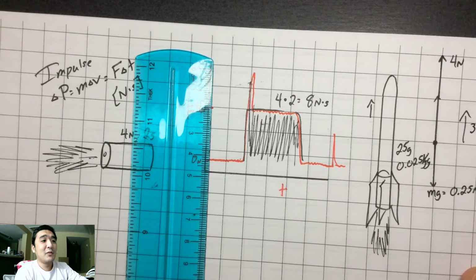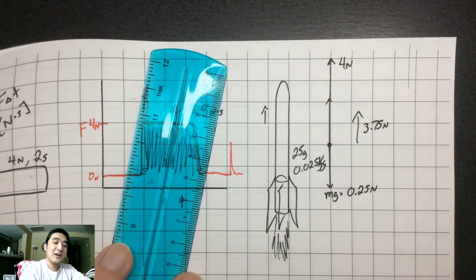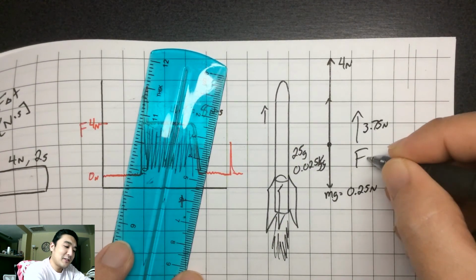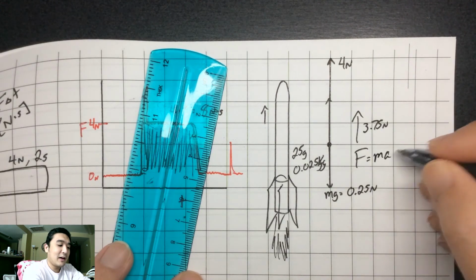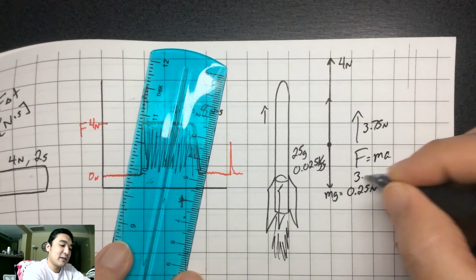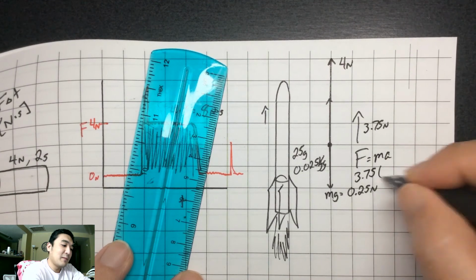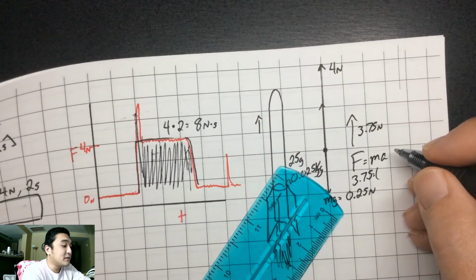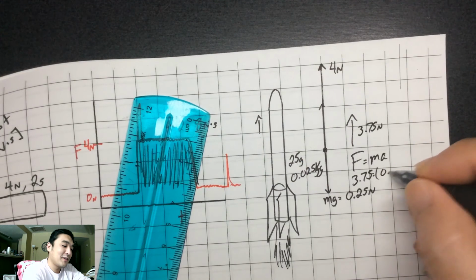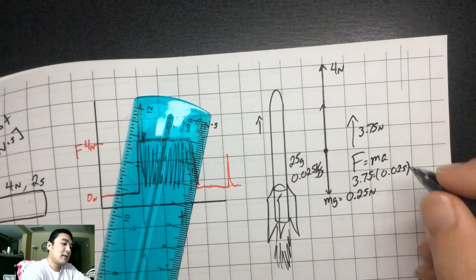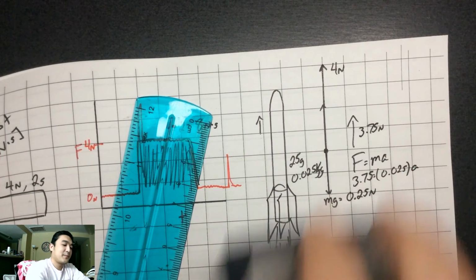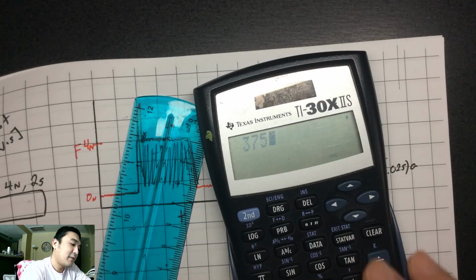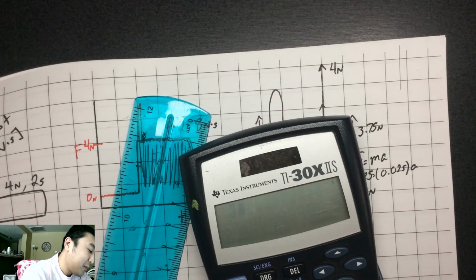That's good. What does that say for our rocket? Well, if we have excess force, then we can do F equals ma. If I know that the force is 3.75 and the mass was, what did we say it was, 0.025, then my acceleration would be 3.75 divided by 0.025.